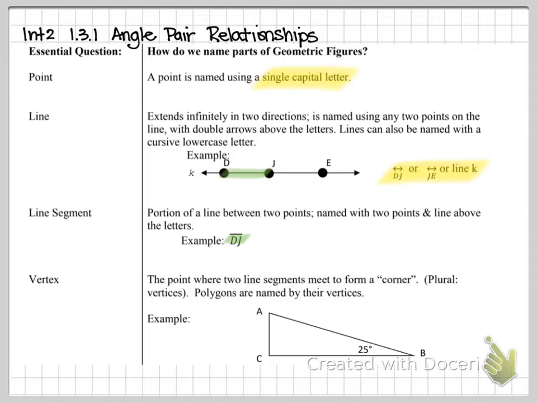So it's where two line segments or two rays or two lines intersect each other. Whenever we're identifying a vertex or vertices, we can use one letter to identify the corner, or we can use multiple. And there are going to be times where we definitely want to use multiple, just like you did last year when you did flowchart proofs for the first time.